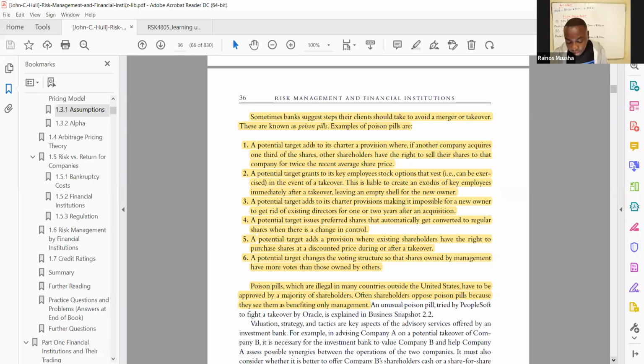And the other one would be, a potential target adds a provision where existing shareholders have the right to purchase shares at a discounted price during or after a takeover. And then the last one is, a potential target changes the voting structure so that the shares owned by management have more votes than those owned by others as well. So that's basically typical examples of poison pills.